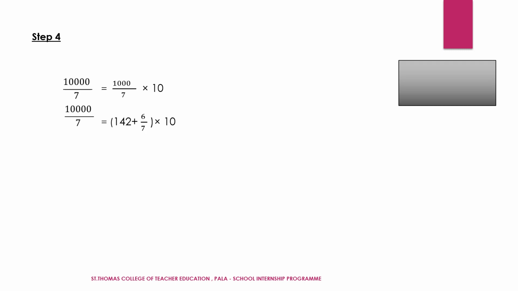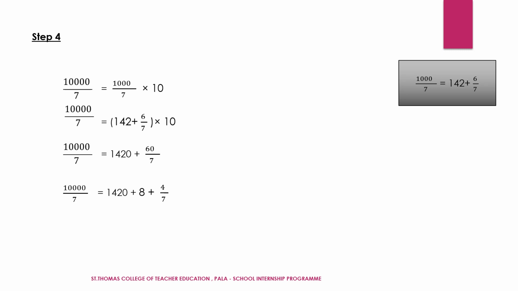Yes, we write it as 142 plus 6 by 7 into 10. From where did you get 142 plus 6 by 7? From the previous slide or from the previous result. Okay. Now we are applying distributive property and we obtain 1420 plus 60 by 7. Isn't it? Now what you are going to do?